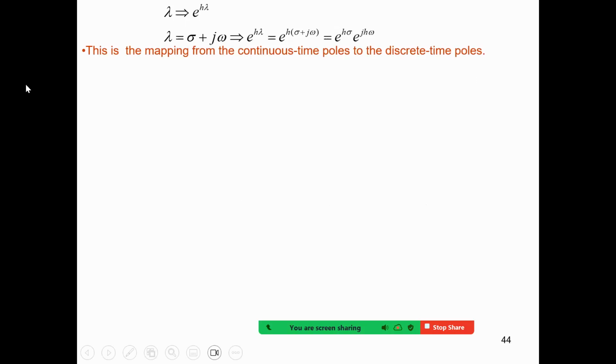If sigma is negative, which means the system is stable in continuous time, then in discrete time, e to the H sigma, if sigma is negative, what will be the value? Will it be bigger than 1 or less than 1? Of course, it will be less than 1. So we verify that. This is the mapping from the continuous-time poles to the discrete-time poles.